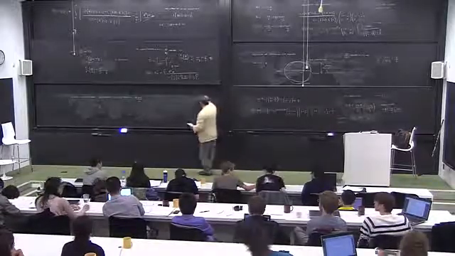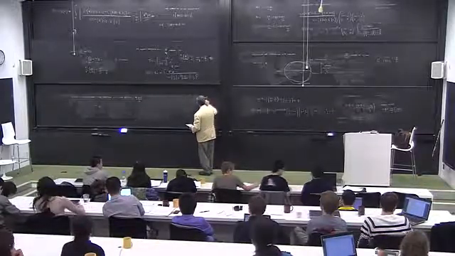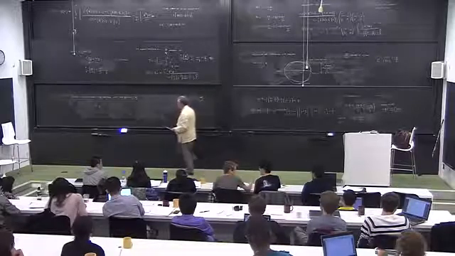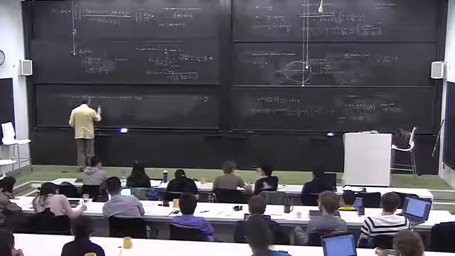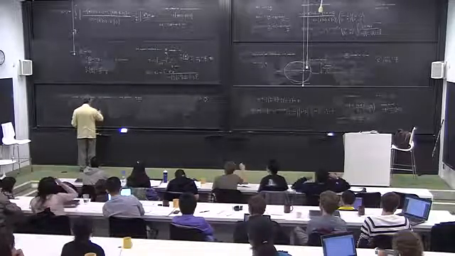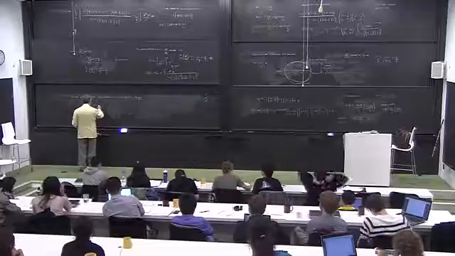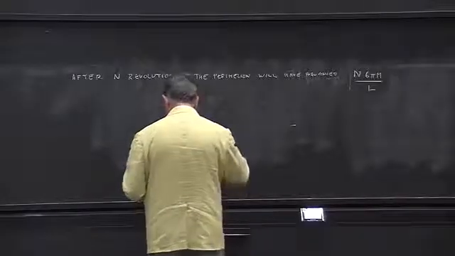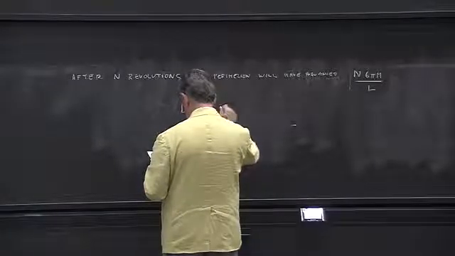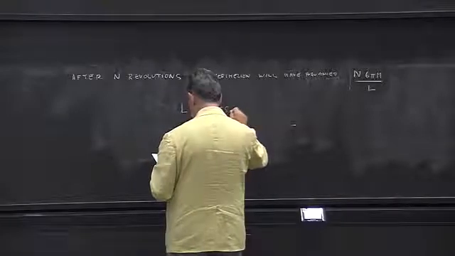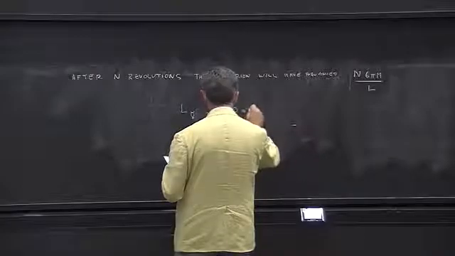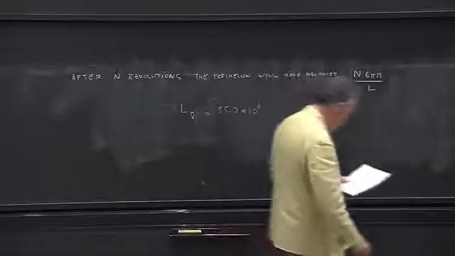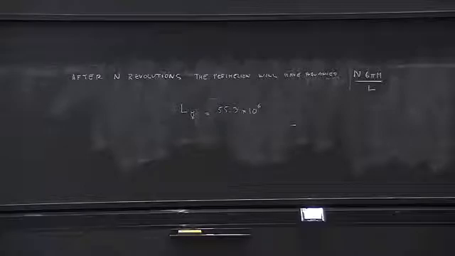Let's see. So the value of L for Mercury is 55.3 times 10 to the 6th. Or is it 5.53?